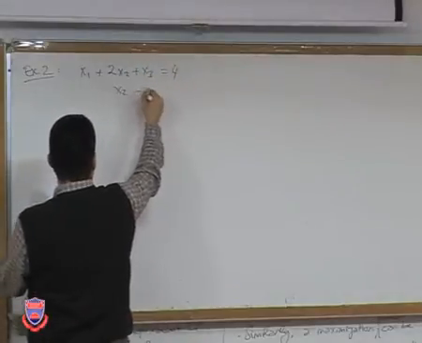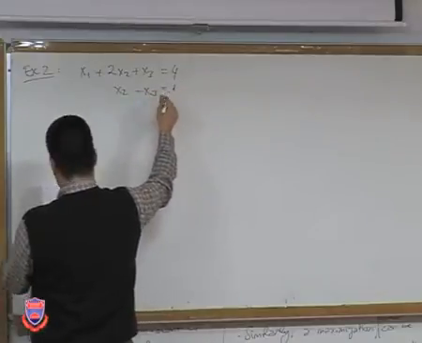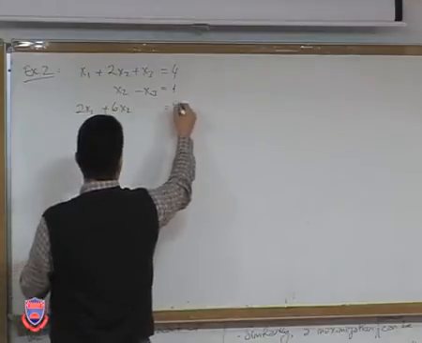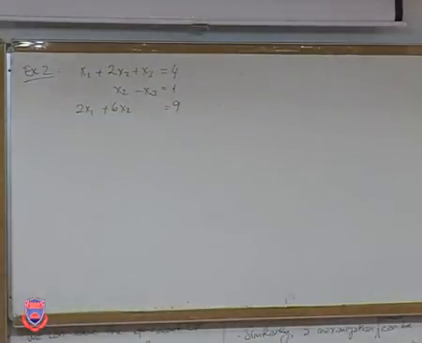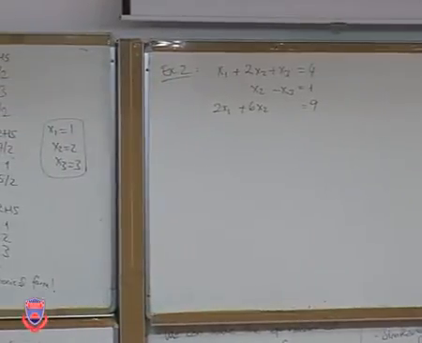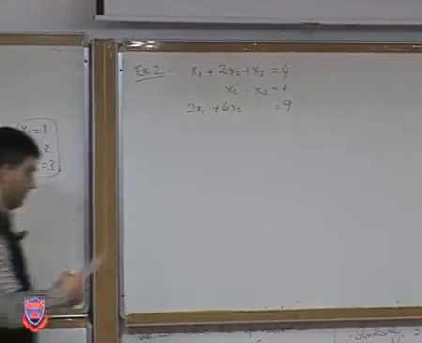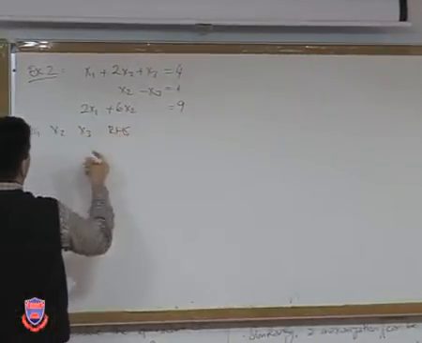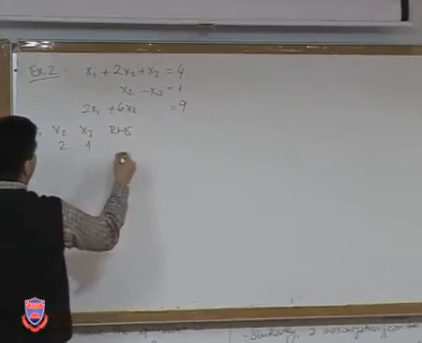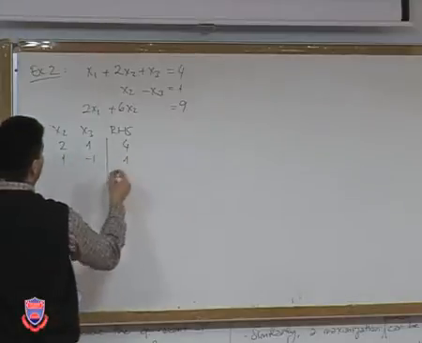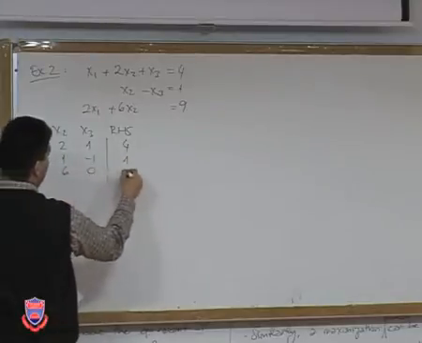I have x2 minus x3 is equal to 1. And 2x1 plus 6x2 is equal to 9. So suppose now I want to solve this system. I'll just play the same game, right? So I'm just going to do this quickly. I have x1, x2, and x3 on the left-hand side. So the first row reads 1, 2, 1, and the right-hand side is 4. Then I have 0, 1, and minus 1. Right-hand side is 1. Then 2, 6, 0. Right-hand side is 9.